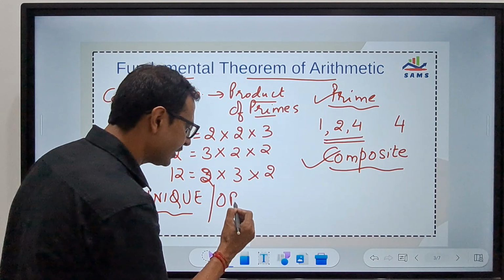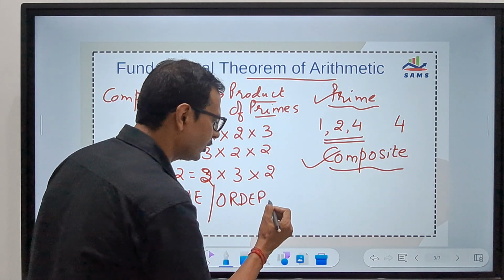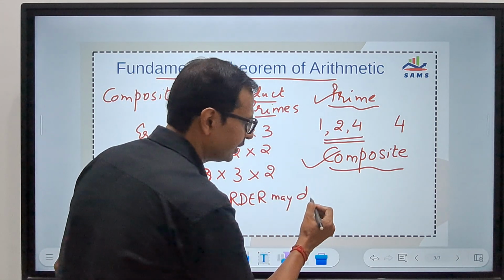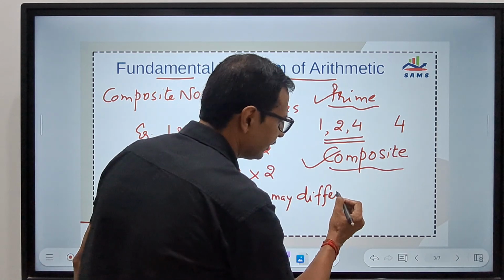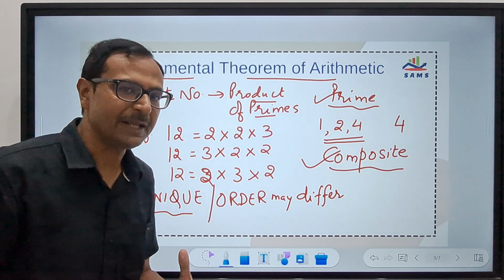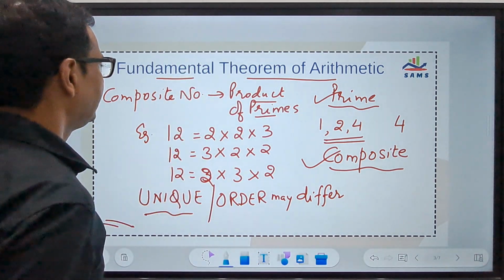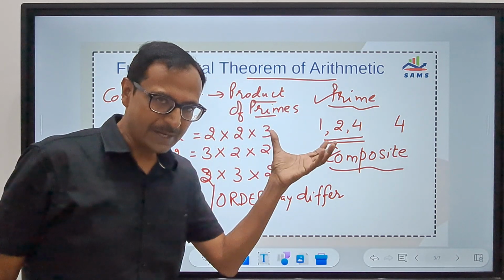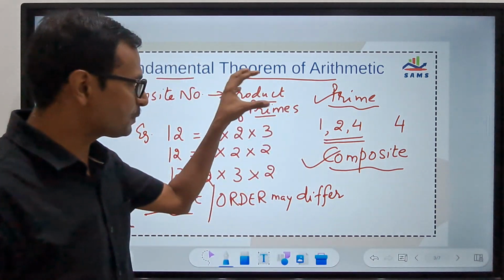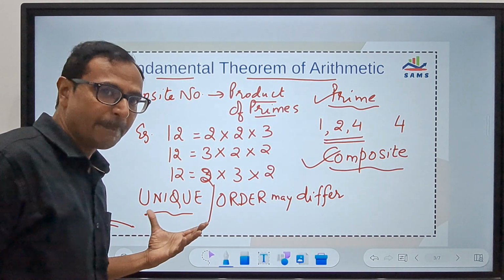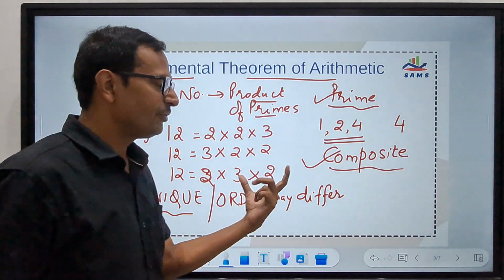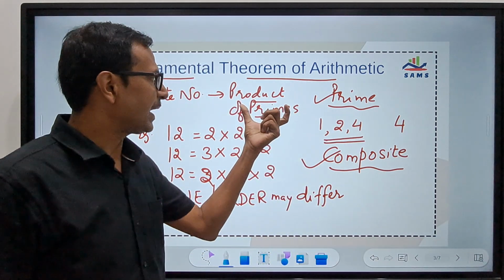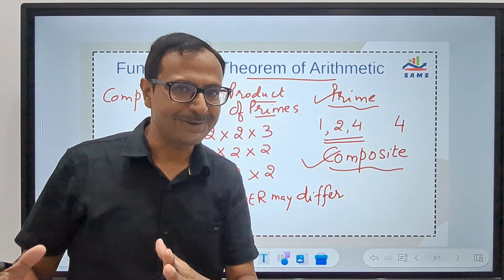Now, this is what we call the fundamental theorem of arithmetic. So, every composite number can be expressed as a product of primes. This product is unique, but the order in which we write those primes can differ.